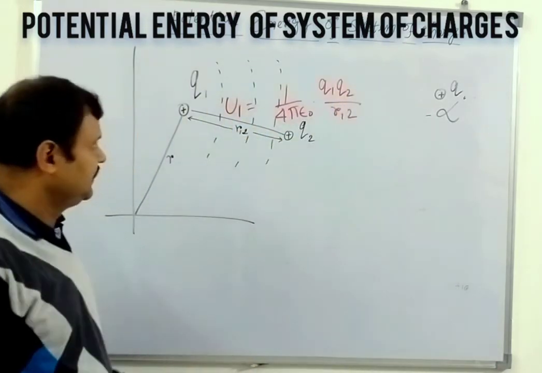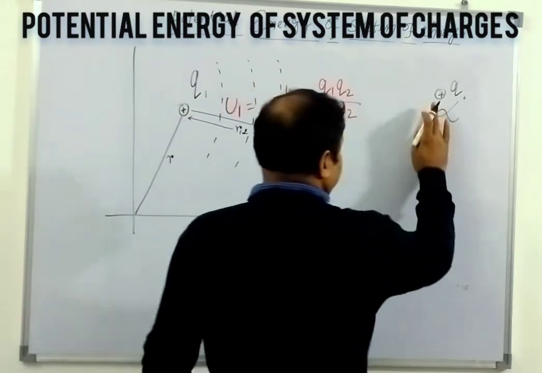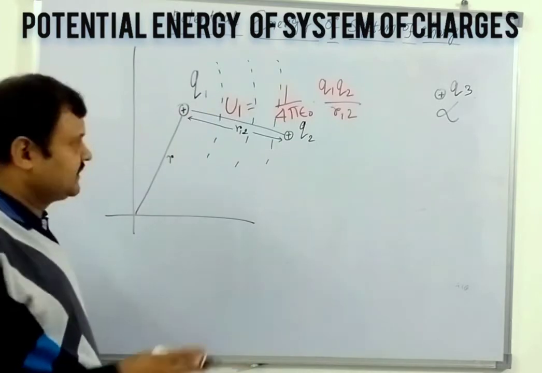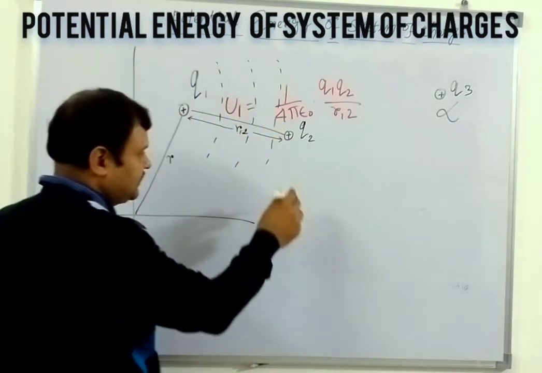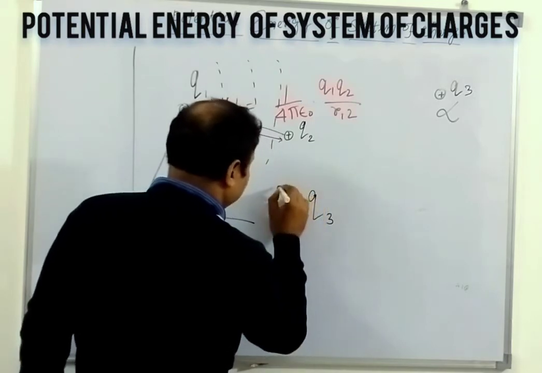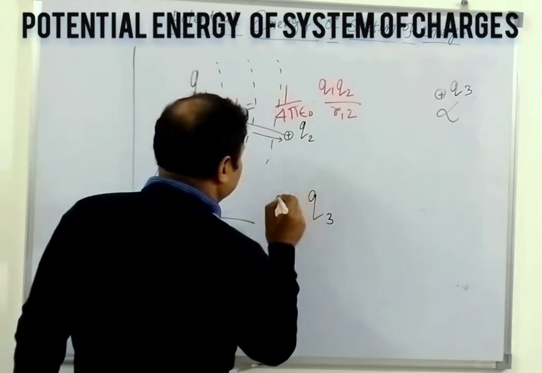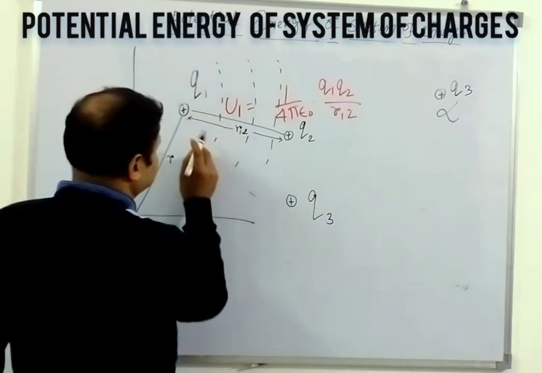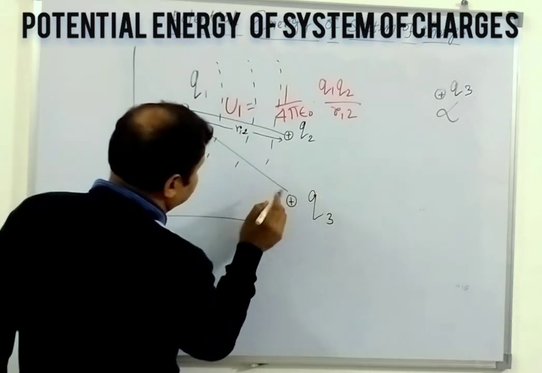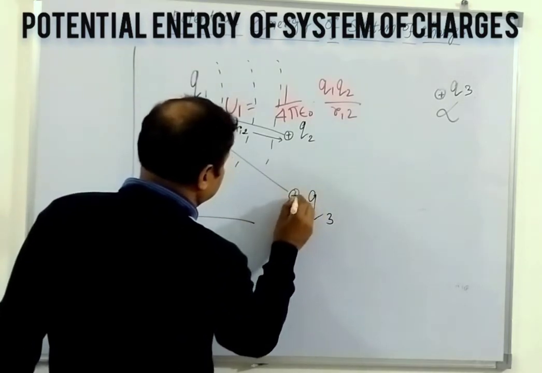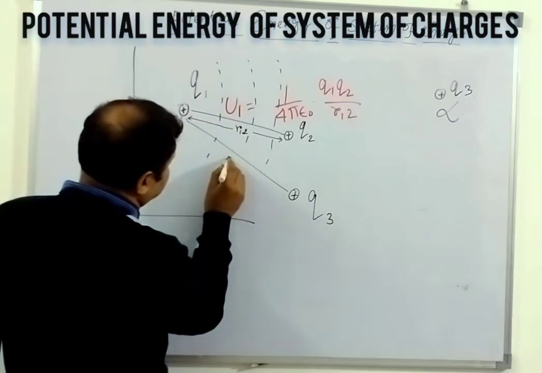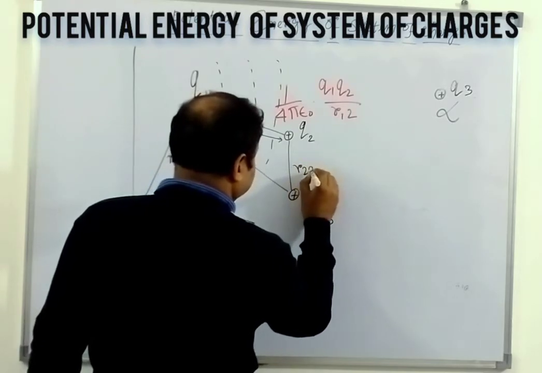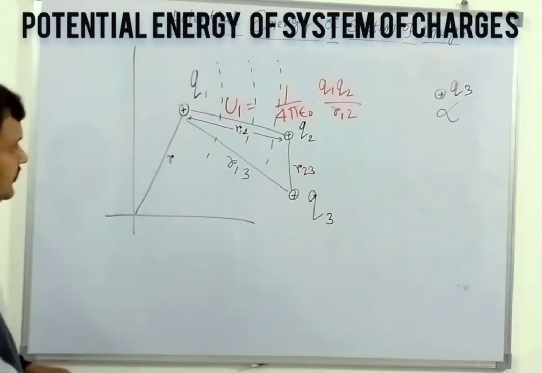So this two point charge system gives you this many joules of potential energy. Now for a three point charge system, we want to bring another charge Q3 to a certain position, with Q1 and Q2 already placed. Suppose this is the Q3 position we want to achieve, which is at a distance R13 from Q1 and R23 from Q2.